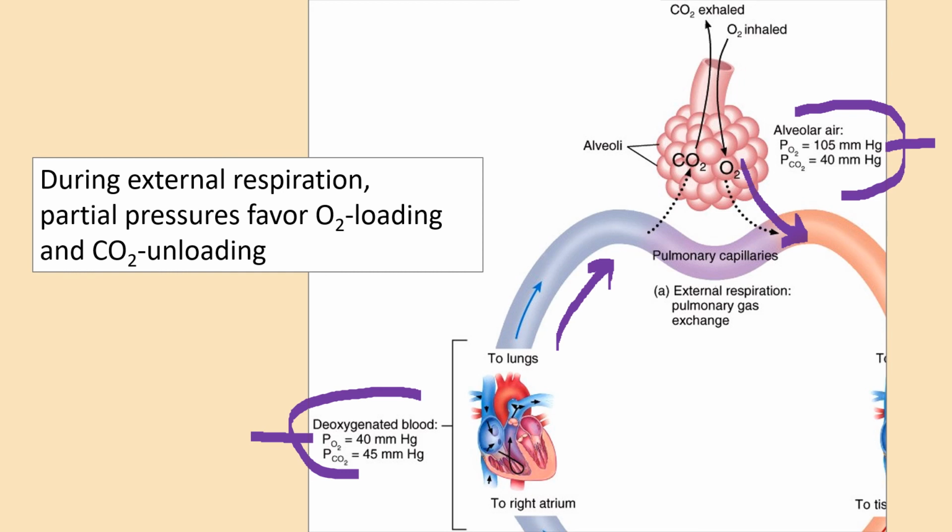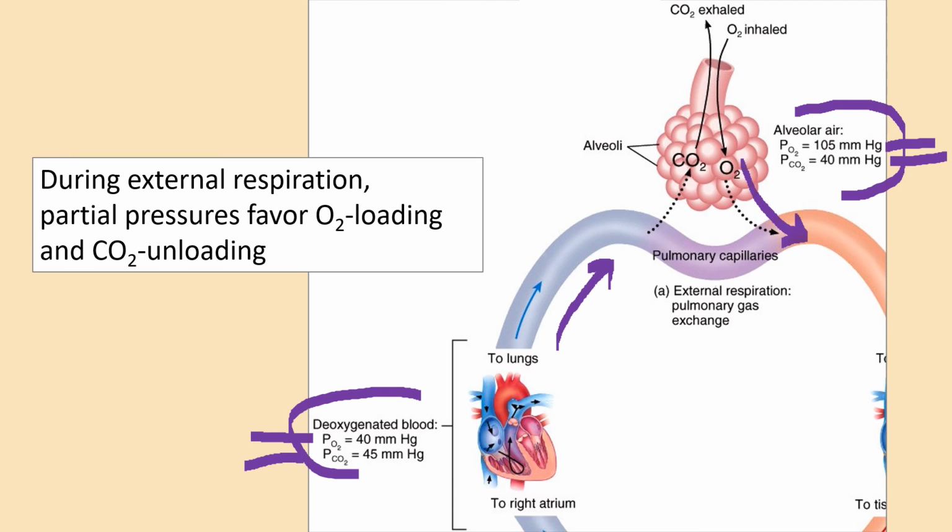And then we can also examine the movement of carbon dioxide. Let's start here. Back in the blood, we have this oxygen-poor blood. It's recently been to body tissues, and it has a partial pressure of carbon dioxide of 45 millimeters of mercury. So this oxygen-poor blood arrives in the pulmonary capillary, and on the other side of that respiratory membrane is alveolar air, and alveolar air has a partial pressure of 40 millimeters of mercury.